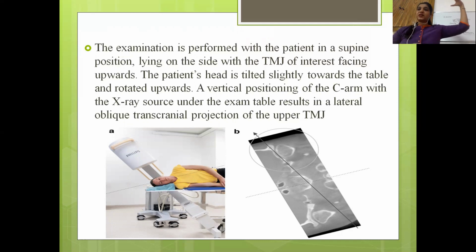So a vertical positioning of the C-arm with the X-ray source under the exam table results in the lateral oblique transcranial projection, as you can see. This is the patient's head and this is the lateral oblique projection of the upper TMJ joint.